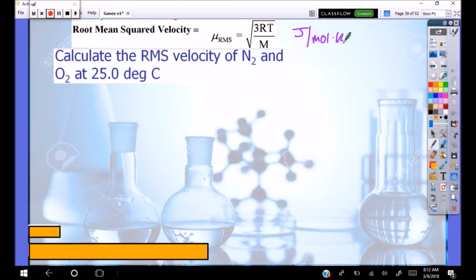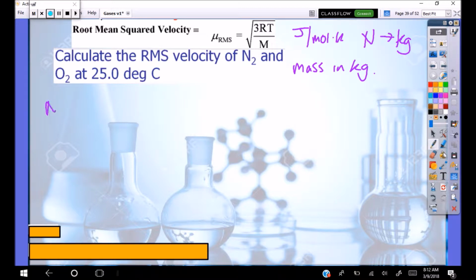If we think about what a joule is, we know that it's based around a Newton, and a Newton has kilograms as part of its unit. So the masses here have to be in kilograms. Otherwise, we can plug everything in. We're going to use the 8.314 version of R.